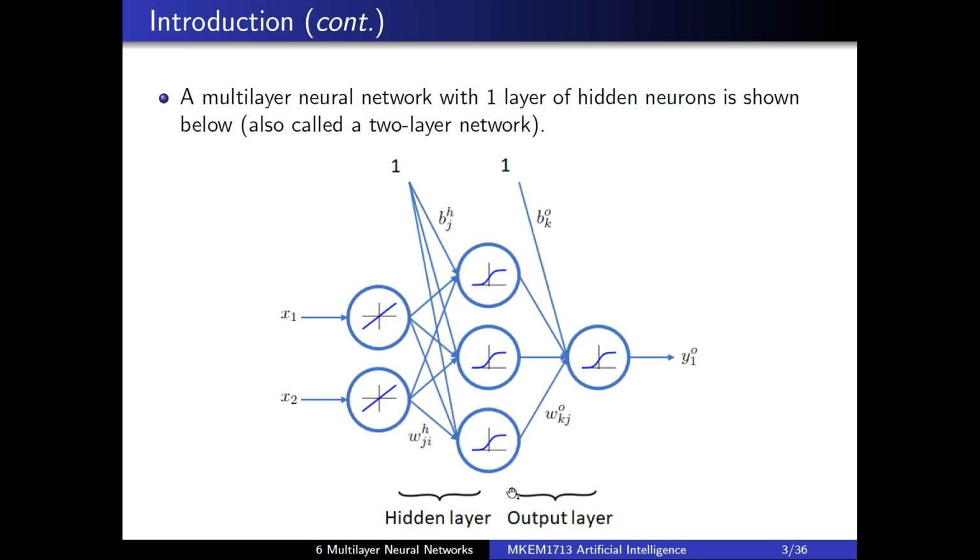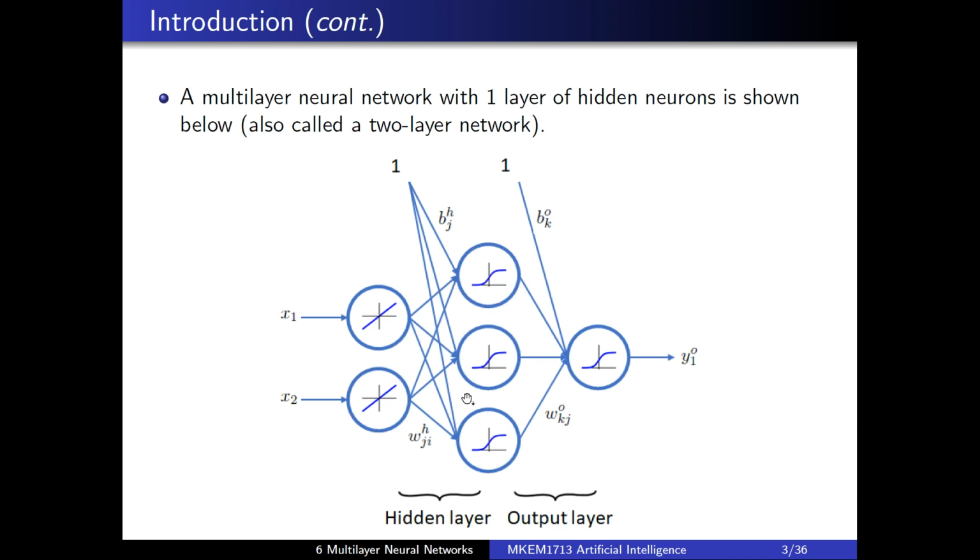In this particular model, as you can see, each neuron in one layer is fully connected to every neuron in the following layer. For example, this neuron is fully connected to hidden neuron 1, hidden neuron 2, and hidden neuron 3.